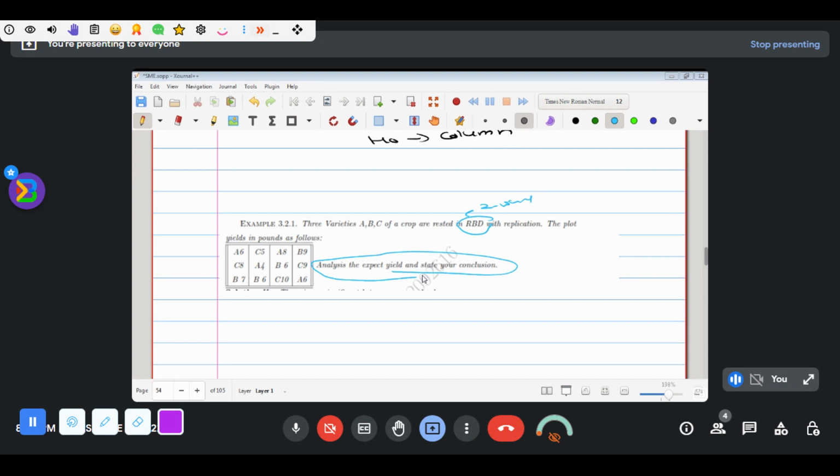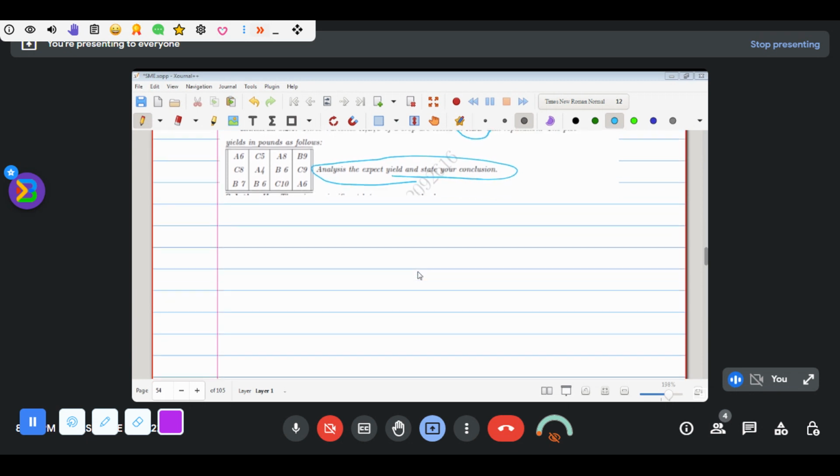Okay, I move to the problem. Here three varieties are there, and you put the corresponding values.